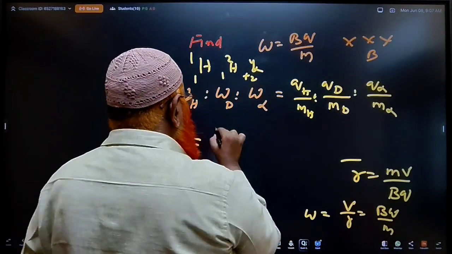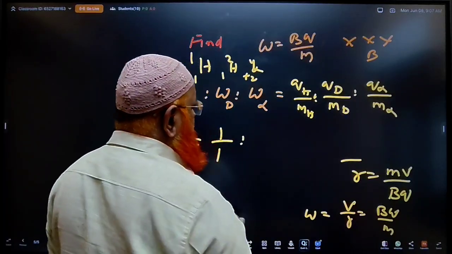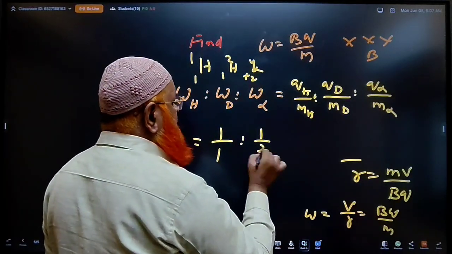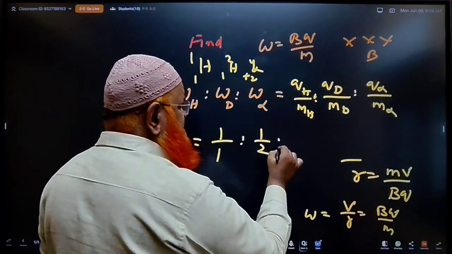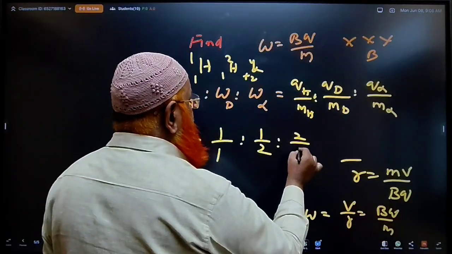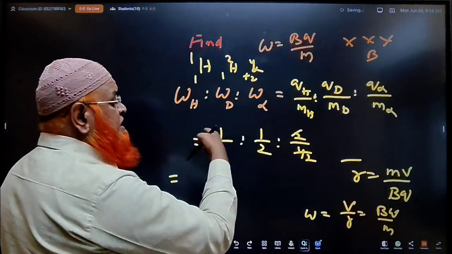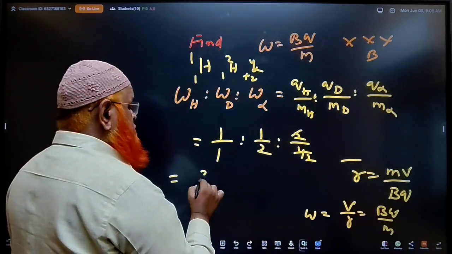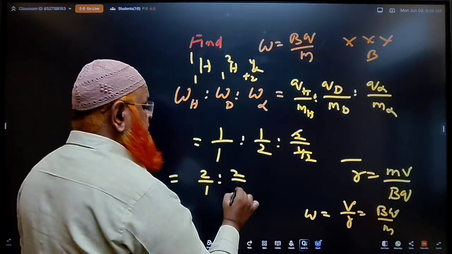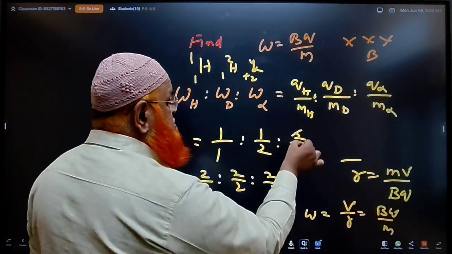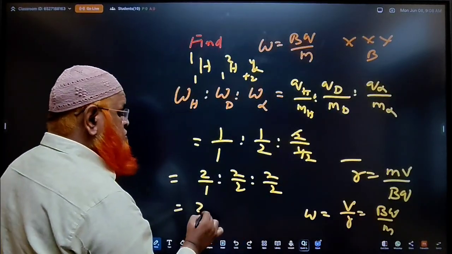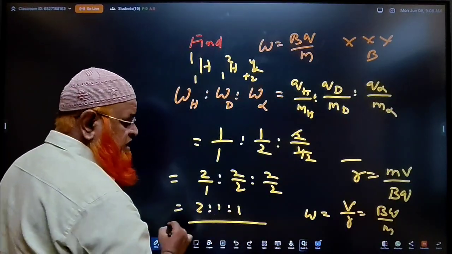So charge of hydrogen is 1, mass of hydrogen is 1, charge on deuterium is 1, mass of deuterium is 2, and charge on alpha particle is 2, and this is going to be 4. So this is 1 is to 1 by 2. Multiply on both sides with 2. So 2 by 1 is to 2 by 2 is to 2 by 2. This is 1 by 2. So what are we going to get now? 2 is to 1 is to 1 is going to be the answer.